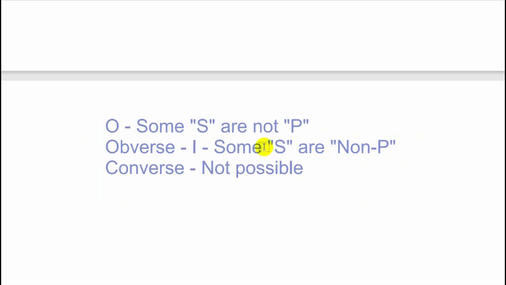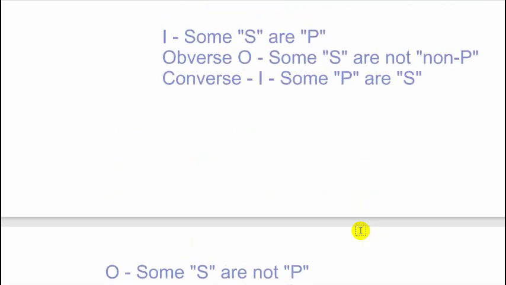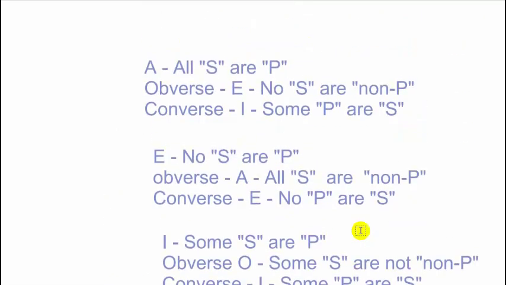The second part, the obverse, is a little difficult to immediately grasp, but the meaning is the same. So I have explained the converse and the obverse rule for all the propositions A, E, I, O.